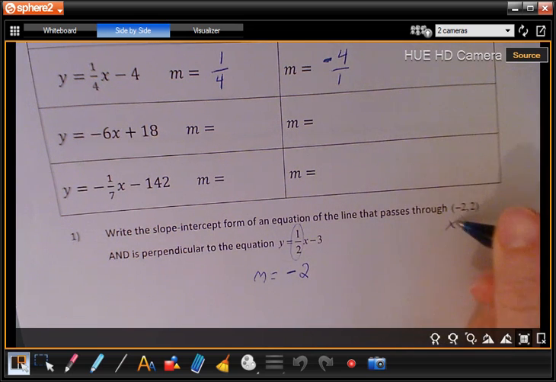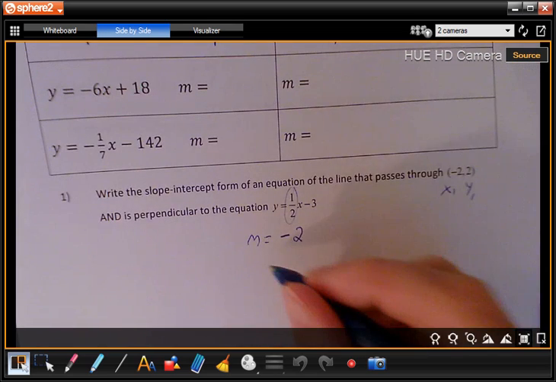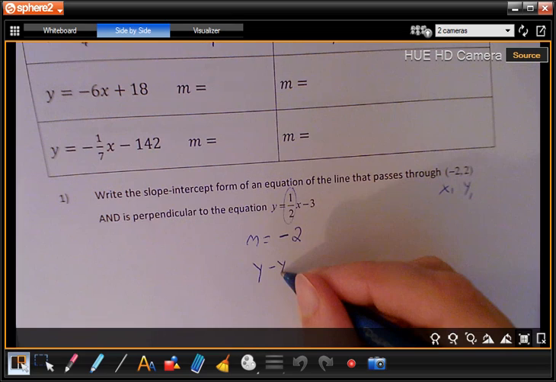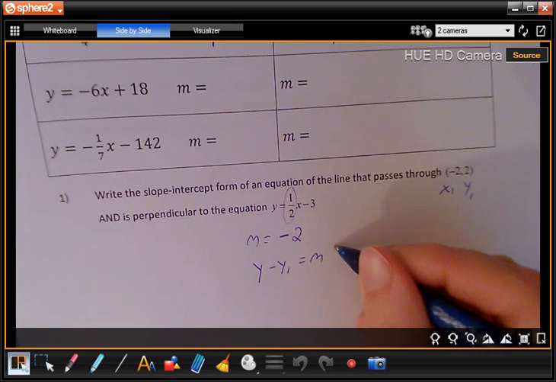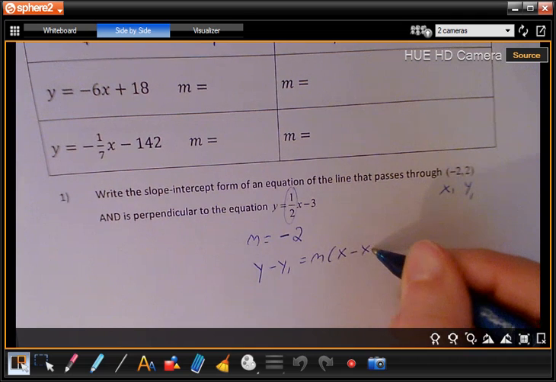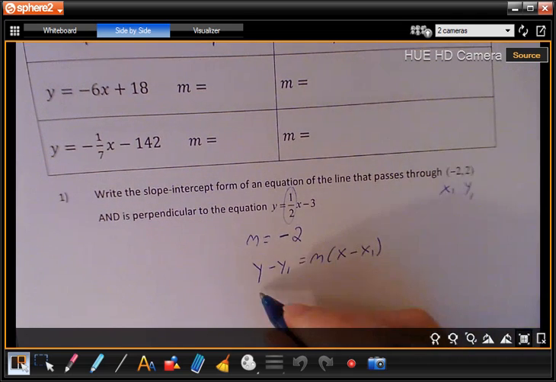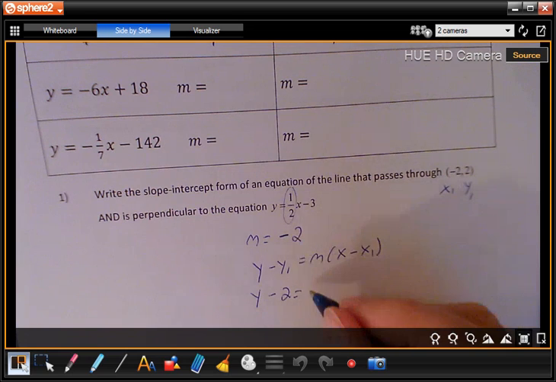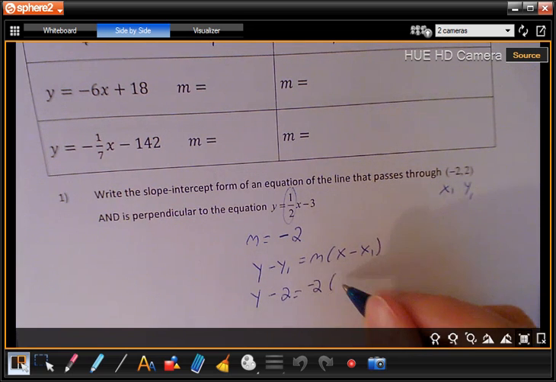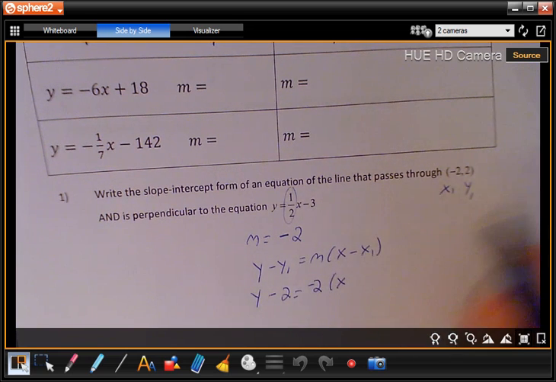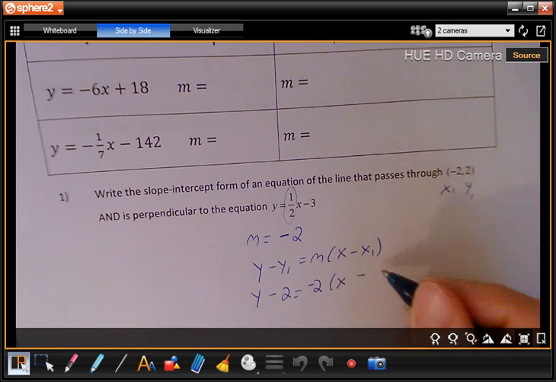This is still my x1, y1, so it's similar to parallel lines. We're going to put it in point slope form to solve. So we've got y minus y1 equals m times x minus x1. So we're simply going to fill this in. We're going to go y minus 2 equals m, -2, times x minus x1, which is -2.